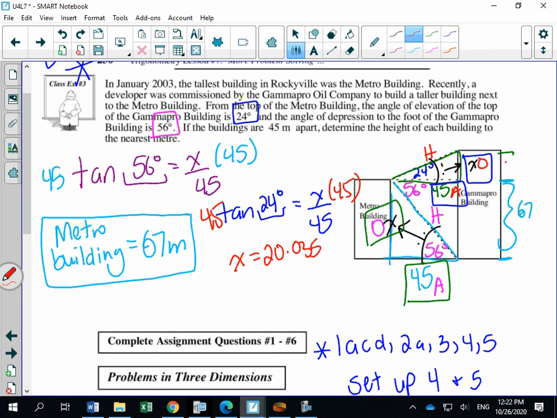So this piece here, it's 20.035. But the Gampero, I'm just going to call it the G building, is that number plus whatever this number was, not rounded.